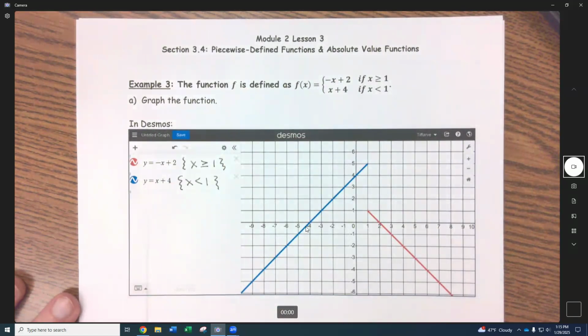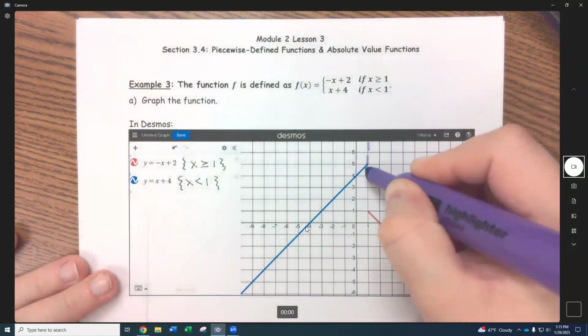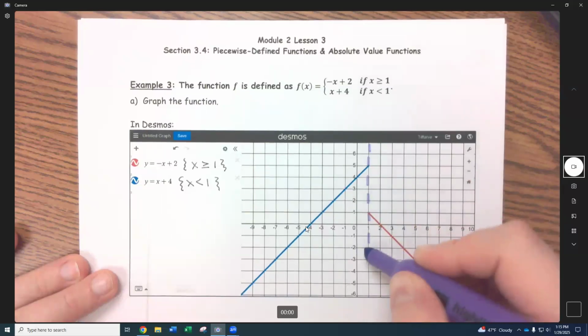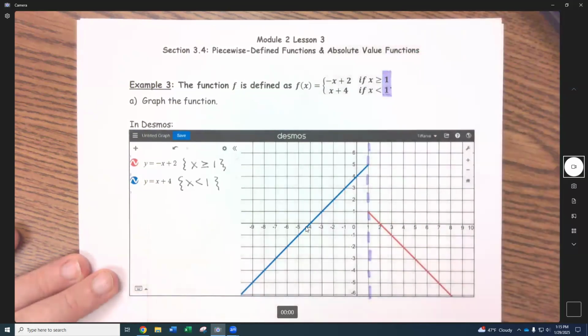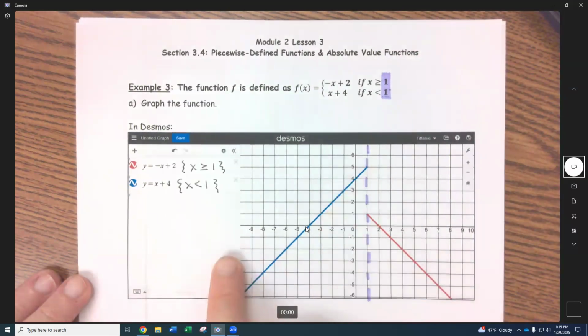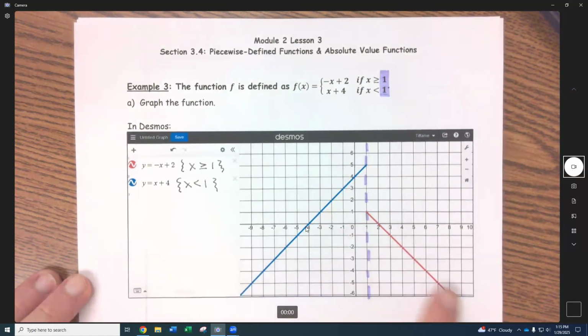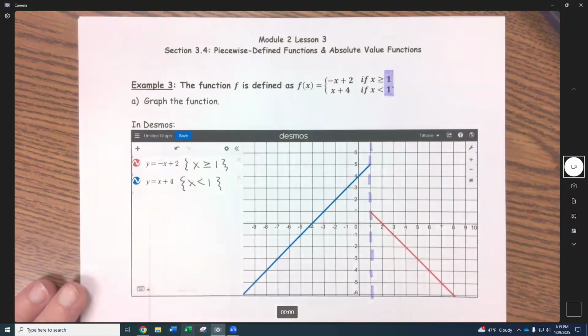Okay, and we're noticing that this is breaking at x equals 1 because why? Because that's where it's breaking on its domain. So we have one graph to the left of 1 and one graph to the right of 1. So let's type in our restrictions here.